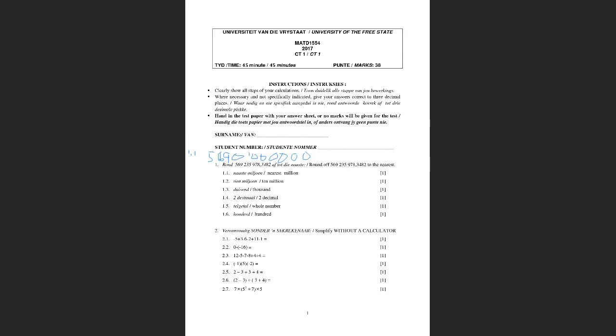So it's supposed to be 6 zeros. You said, why can't we put 4 zeros after the comma? Yes, because if you put only zeros after the comma, it doesn't change the answer in any way. It's still the same thing.